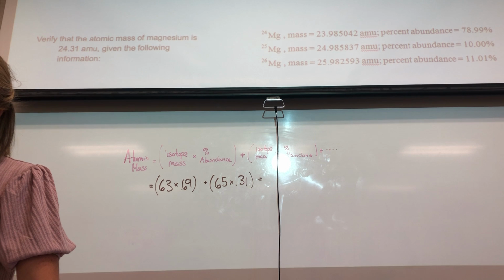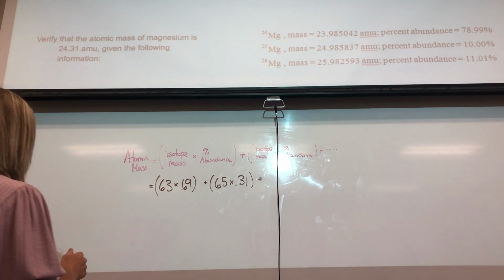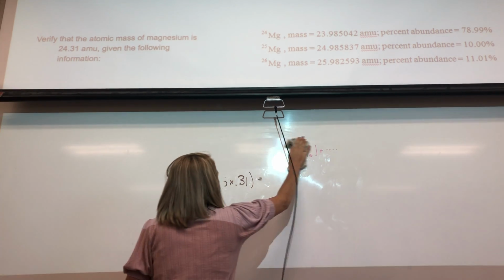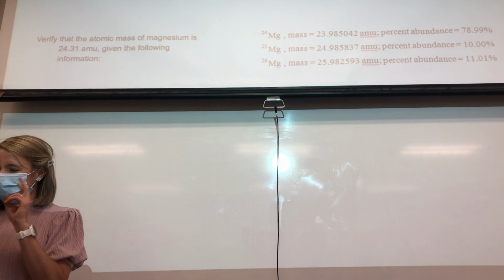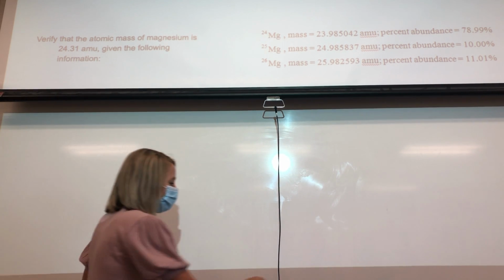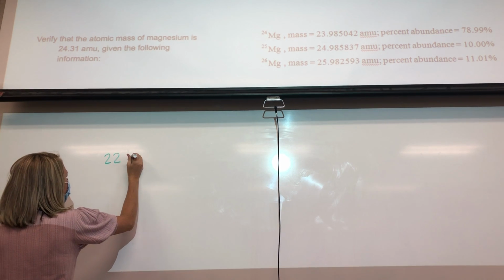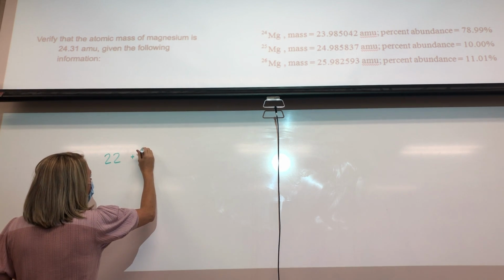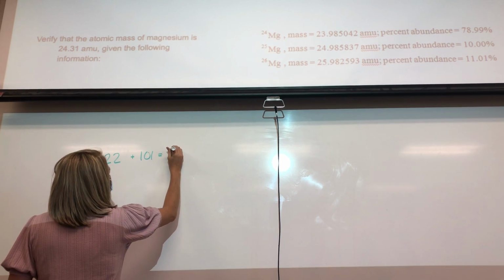What was this question? Oh, if by chance we were adding two numbers that didn't have decimals, you'd still go to the place location. So if I was adding 22 and 101, mathematically I'd get 123.